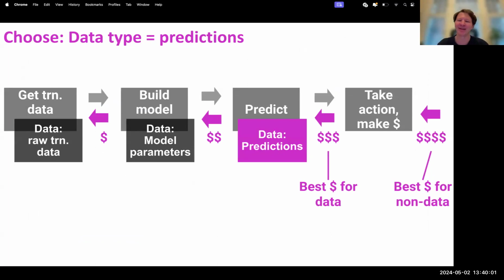And that's exactly it. So we decided to focus on predictions, but we can't ignore the take action, make money part too. So we have to account for that and make sure that we have closed that loop, right? So that the people making predictions can make good money, but then also the people that are using those predictions can make serious money too. Okay, so data type is predictions.